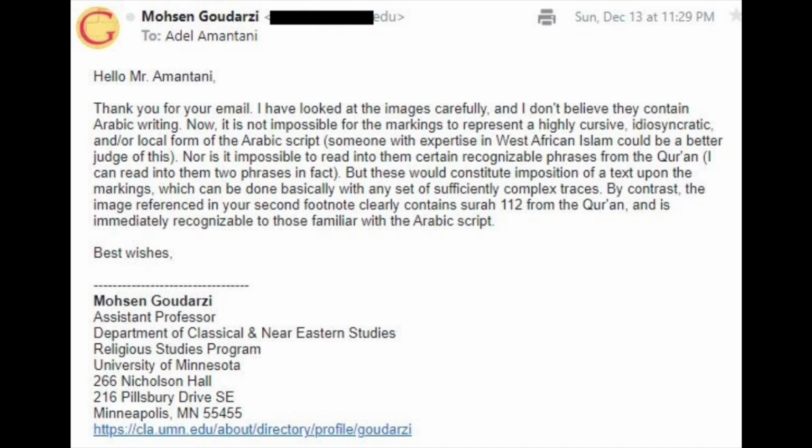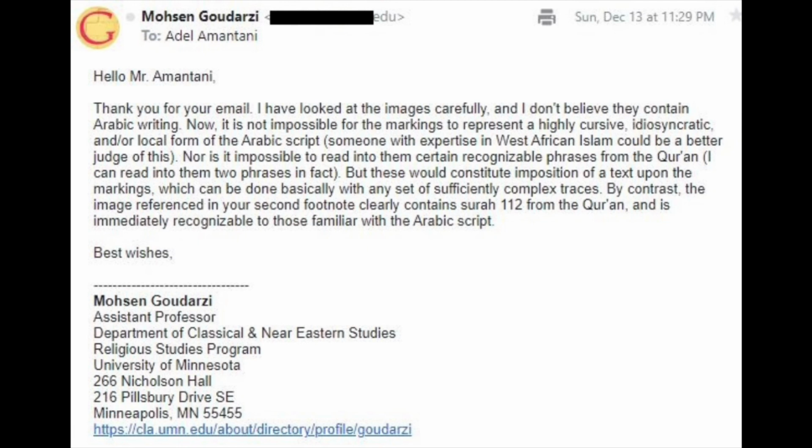Someone with expertise in West African Islam could be a better judge of this. Nor is it impossible to read into them certain recognizable phrases from the Quran. I can read into them 2 phrases, in fact. But these would constitute imposition of a text upon the markings, which can be done basically with any set of sufficiently complex traces," end quote.